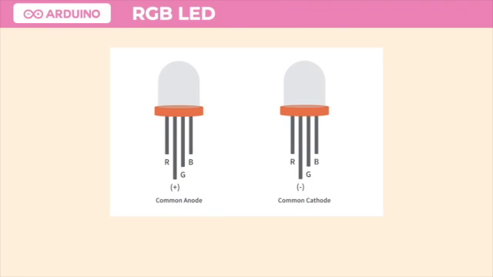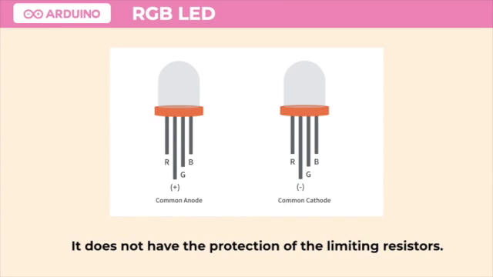As I mentioned earlier, there are 2 kinds of RGB LEDs, common cathode and common anode. You have to check the type of the RGB LED before using them in any project to avoid any errors. Take note also that the RGB LED without module requires a resistor because it does not have the protection of the limiting resistors.